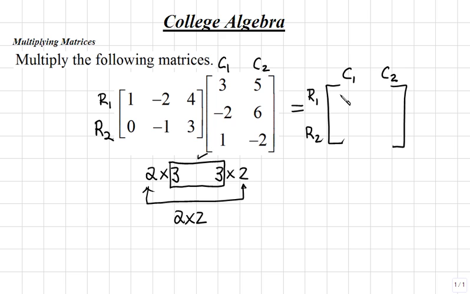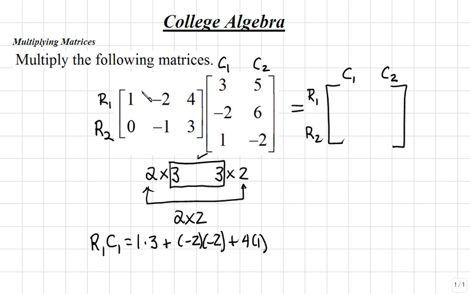So, for example, for our first entry here in our result, R1 and C1, we'll take the row from our first matrix and multiply it by the column of our second matrix. For each entry, we'll multiply the entries and add them all up. So row 1, column 1 will become 1 times 3 plus negative 2 times negative 2 plus 4 times 1.